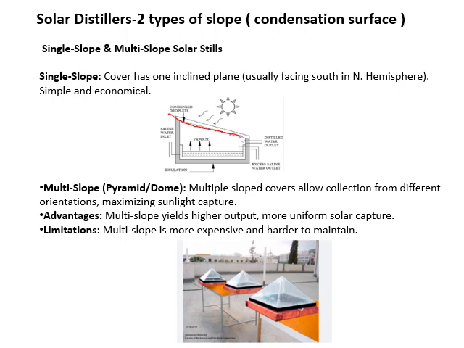For multiple slope it can be double, like a house, or it can be like a pyramid, and sometimes it can be made hemispherical as well. The main reason to provide multiple slopes is to receive sunlight from all directions. When you have multiple slopes, you have more condensation surface, as a result you have higher output.